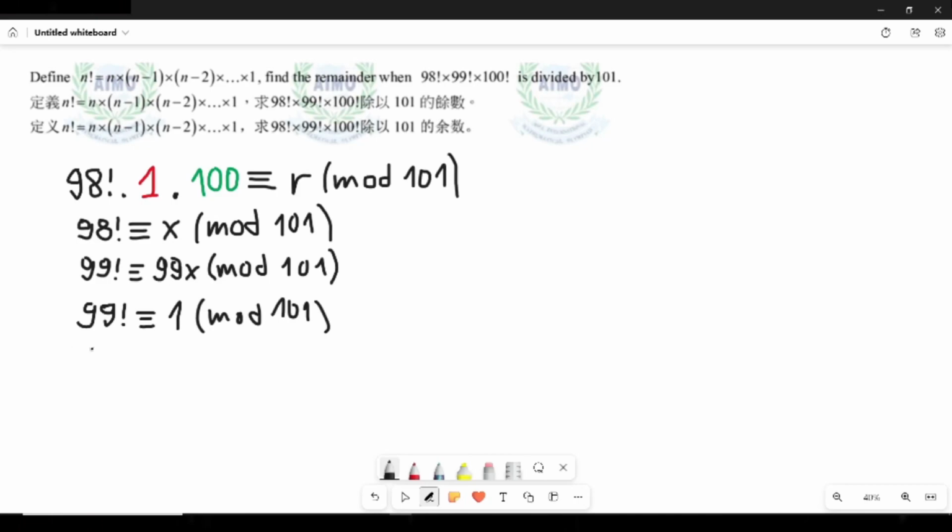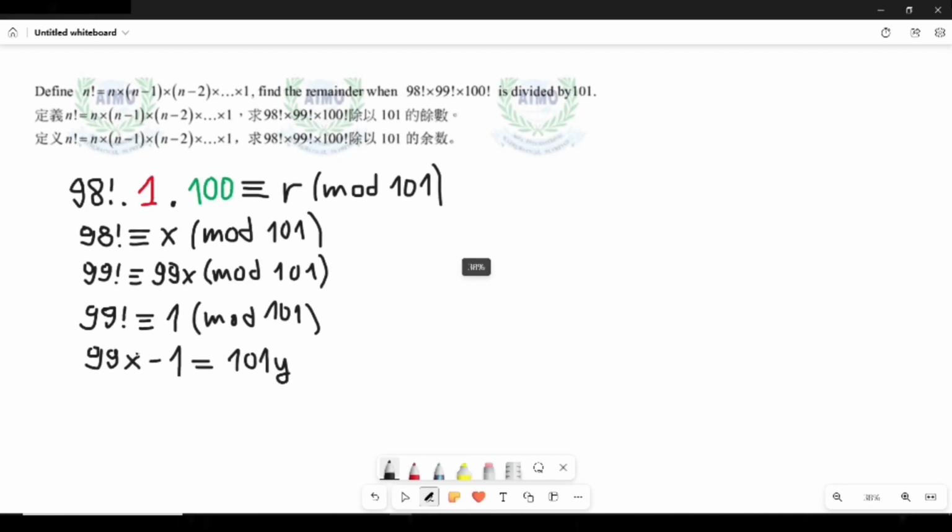From that statement we can say that 99x minus 1 is equal to 101 times some other number, let's say y.